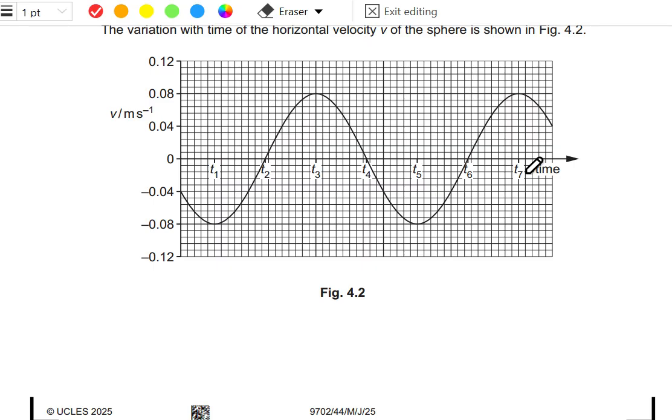For example, here the velocity, if we take the negative direction to be to the left and the right to be the positive one, so it is here going from negative, or from left to right.